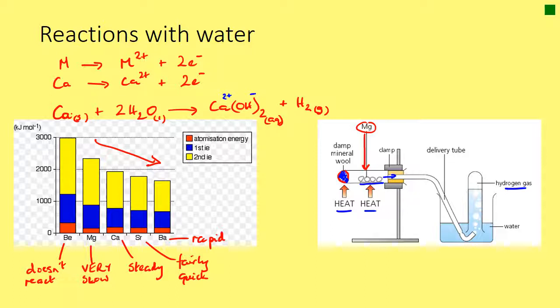And you probably remember the squeaky pop test that we might do with that to prove it was hydrogen. So that's the sort of experiment you would do if you wanted to make magnesium react with steam. We might do that in class. But as it happens, that's it for the reactivity of group 2 metals with water. What we're going to do now is study their hydroxides a little bit.